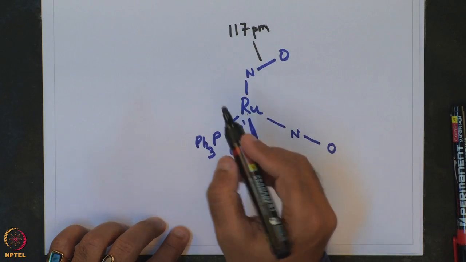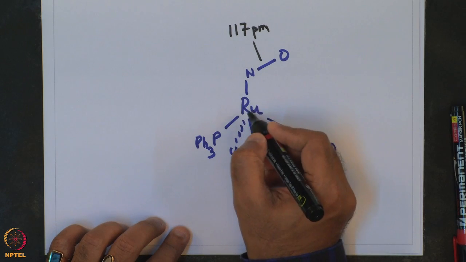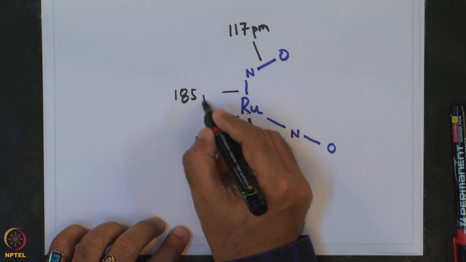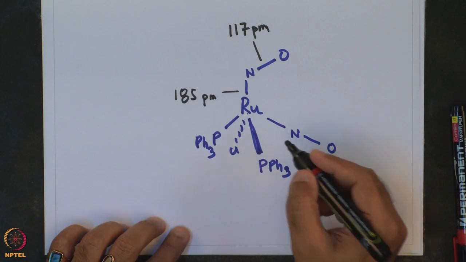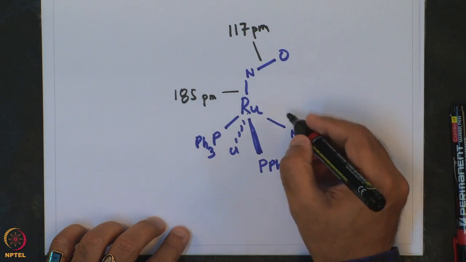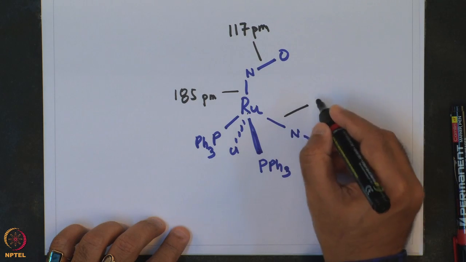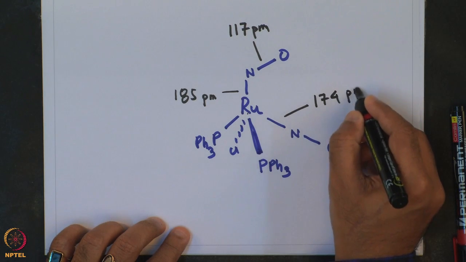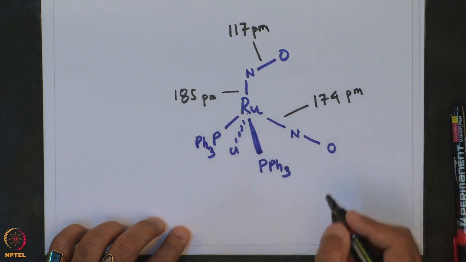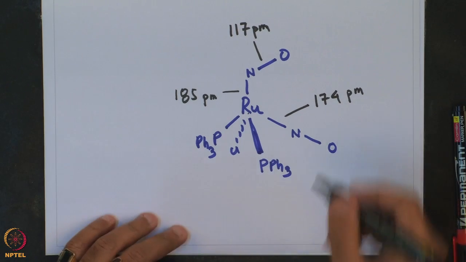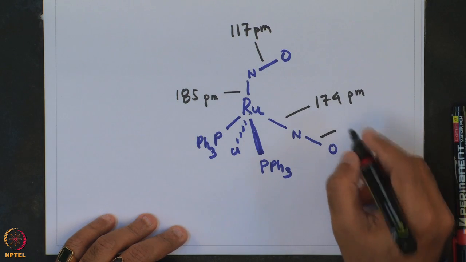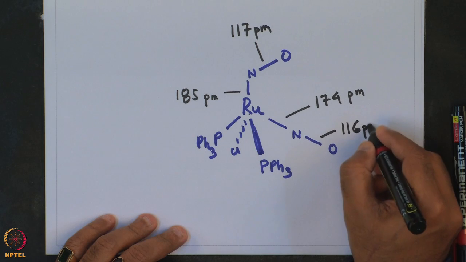The ruthenium nitrogen bond is about 185 picometer for the bent NO, whereas it is 174 picometer for the linear NO, and the nitrogen oxygen distance is 116 picometer.